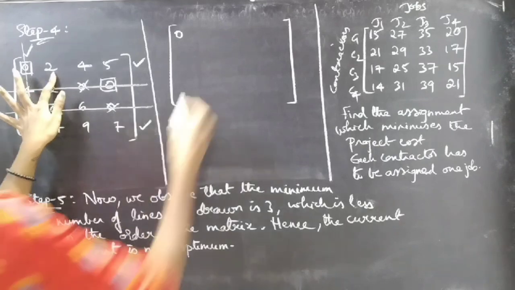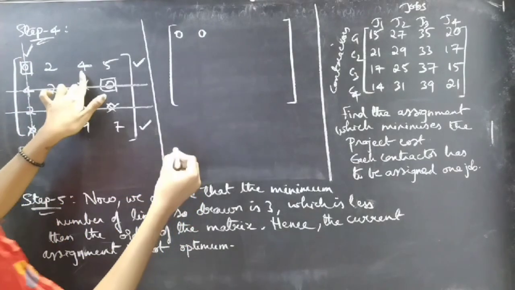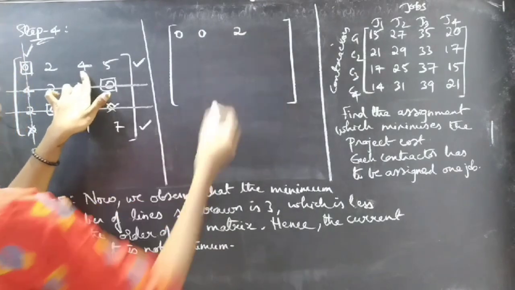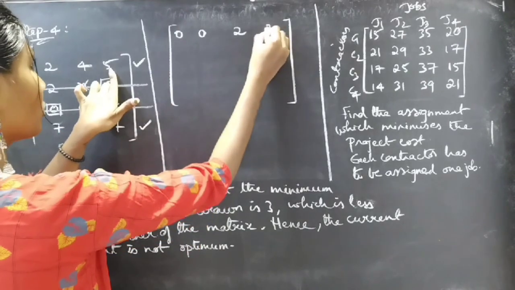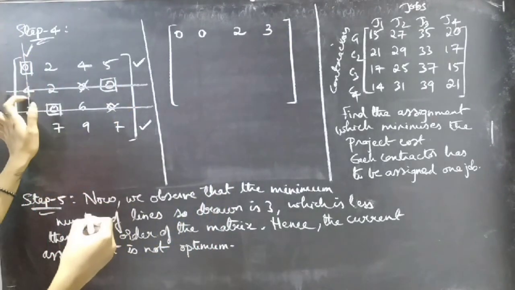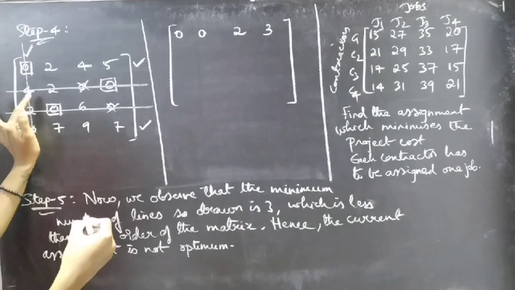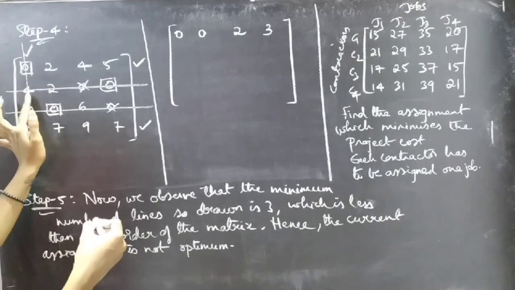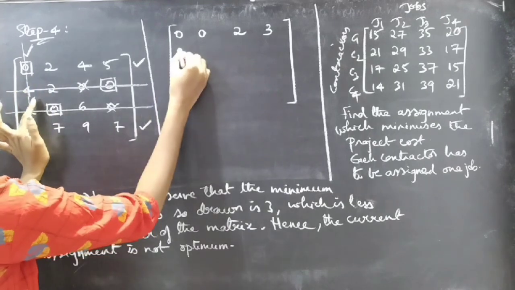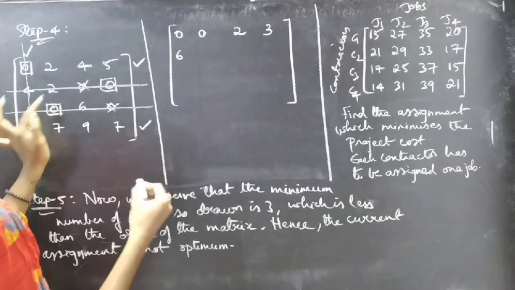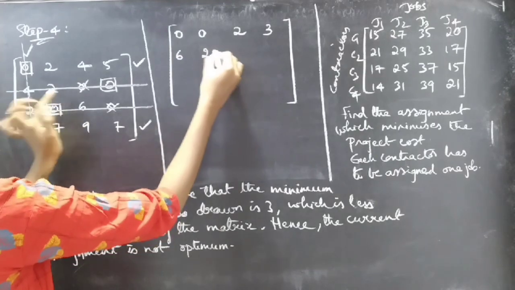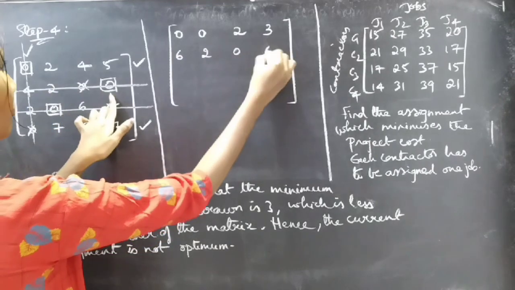So 2 minus 2 is 0, 4 minus 2 is 2, 5 minus 2 is 3. It is in intersection, right? So we have to add this 2 to this 4. So 2 plus 4 is 6. You can write these numbers as it is.